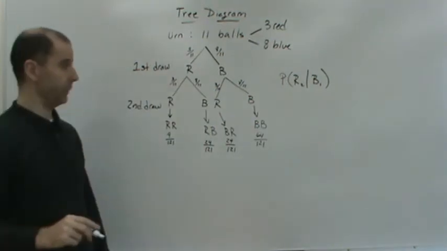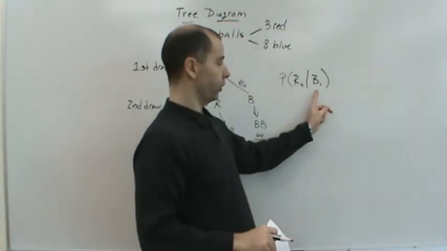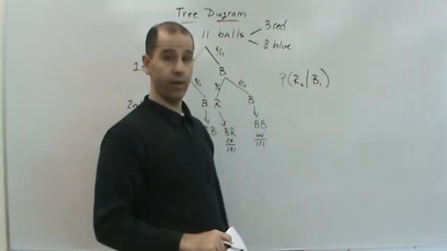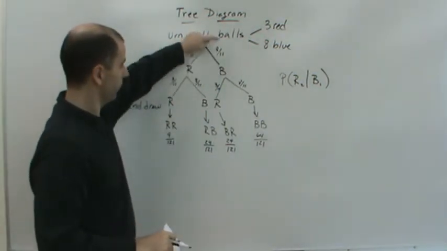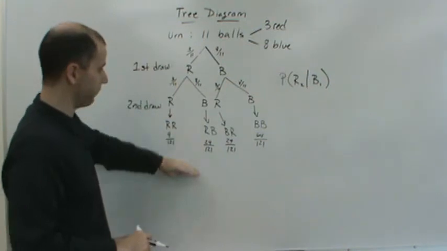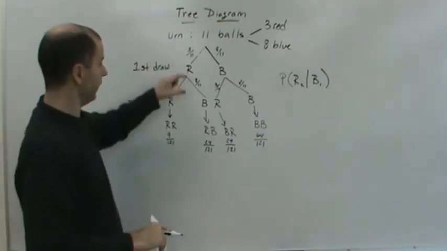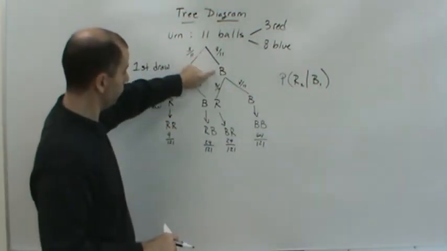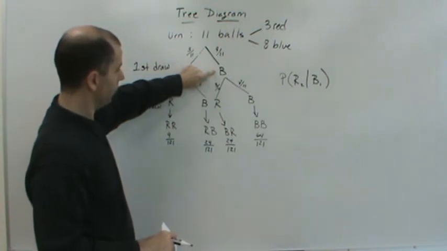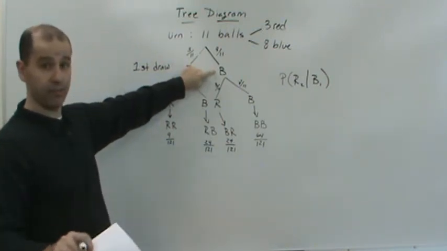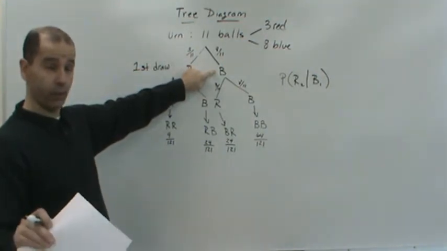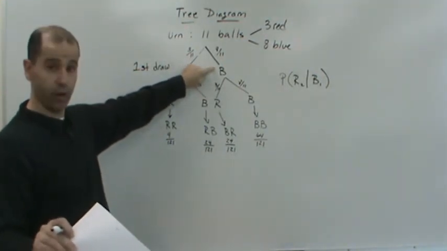Okay, so that means, what's the given information? We know we got a blue on the first draw. That means we're here. Okay, so we can ignore this half of the tree. So that means we're over here. So we know we got a blue on the first draw. Now, what's the probability of getting a red on the second draw, given that we already know that we got a blue on the first draw?